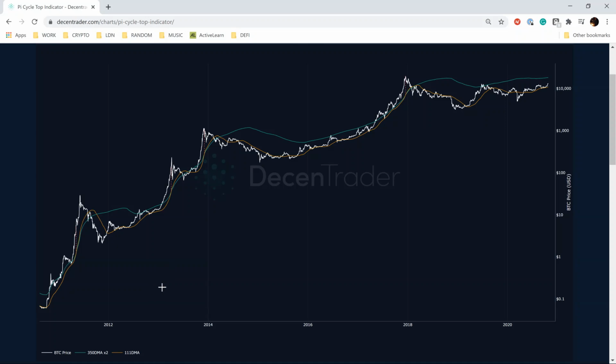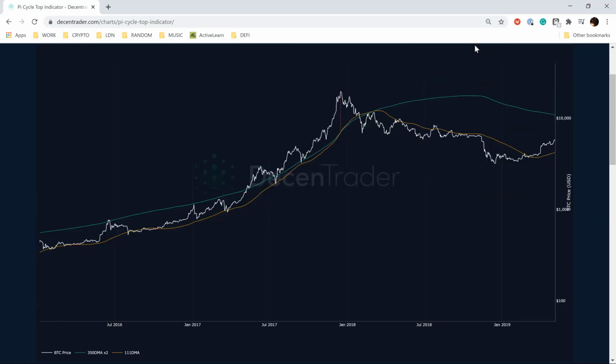Anyway, what we're looking at here is when the 111-day moving average, the orange line, crosses with the 350-day moving average times 2 multiple. If we look at the last market cycle, I'm just going to zoom in here, you can see that when these 2 lines cross, so the 111-day moving average finally catches up with the ×2 multiple of the 350-day moving average, that tends to tell us that the market is so overheated it is about to top out.